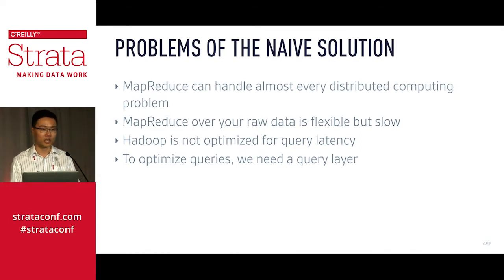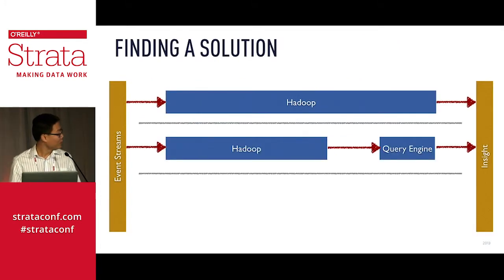What we realized early on, and what I'm sure many of you realize as well, is that if you want fast queries on top of your data, you typically need to introduce a query layer. While it is possible to build an entire backend system using only Hadoop, if you want to issue queries and have answers return in a reasonable amount of time, oftentimes you have to introduce a query engine on top of your storage.